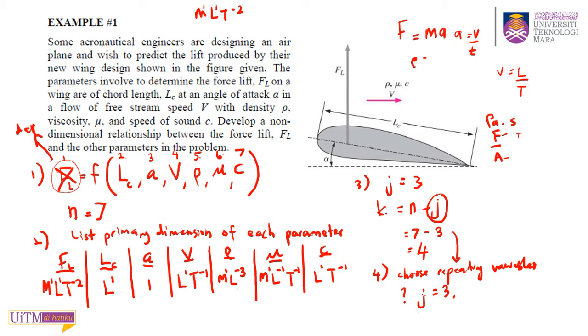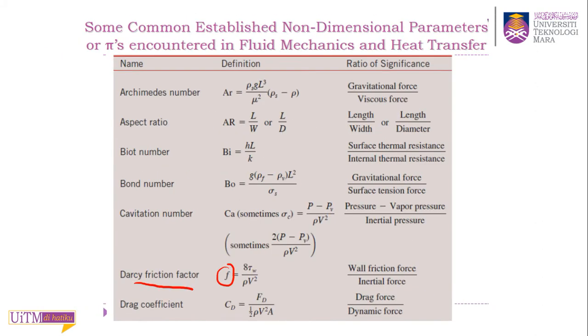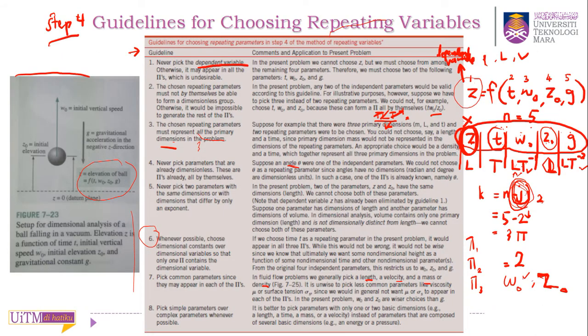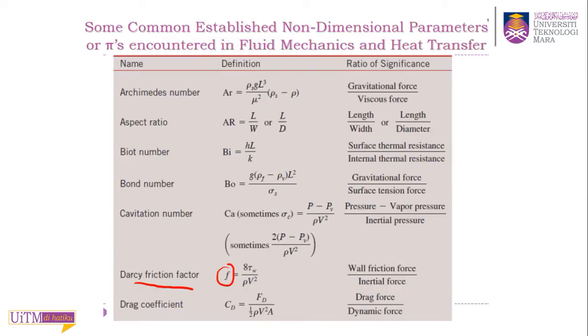Okay. Now, so you have cancelled out FL. This one cannot be chosen. And in guideline number 3, choose the repeating parameters that represent all the primary dimensions.